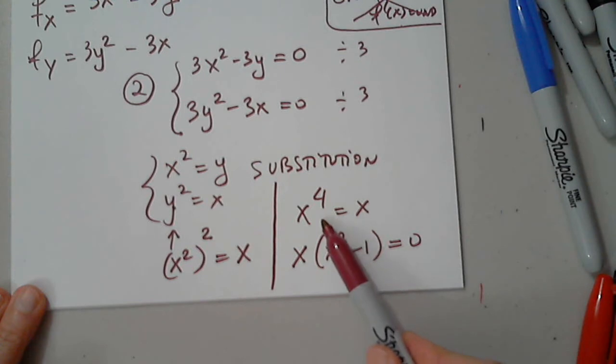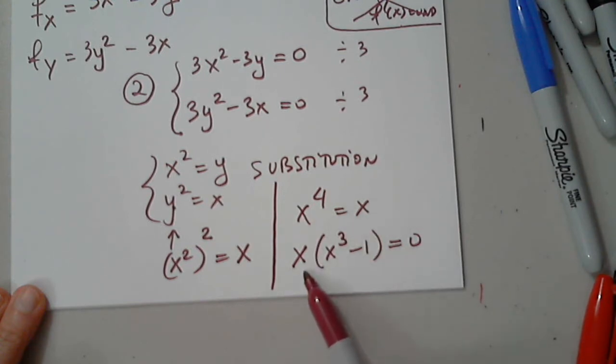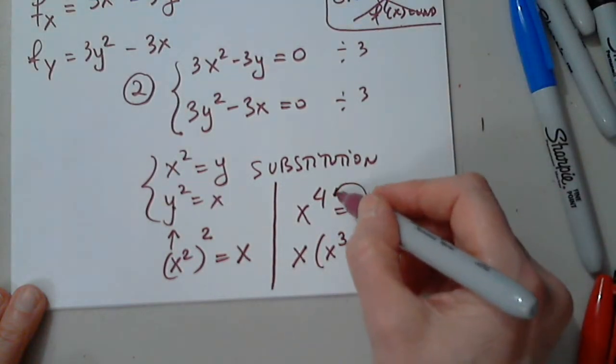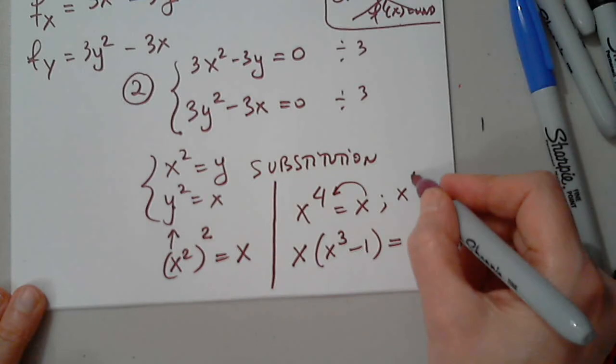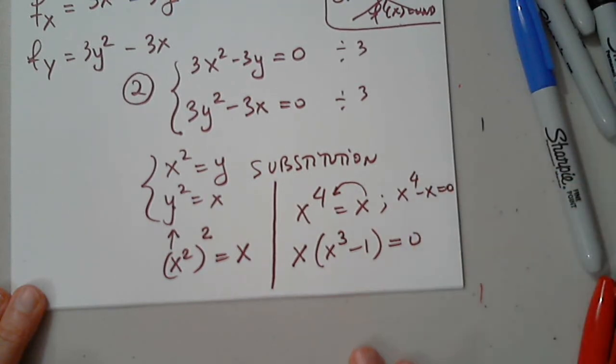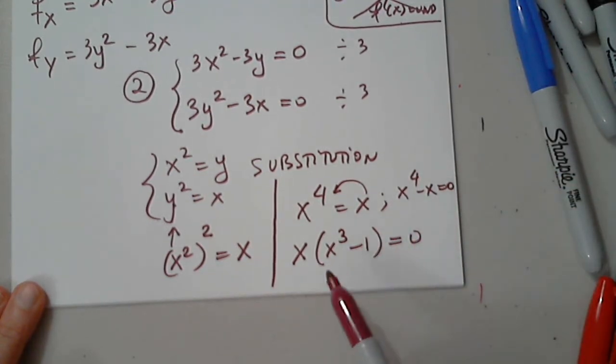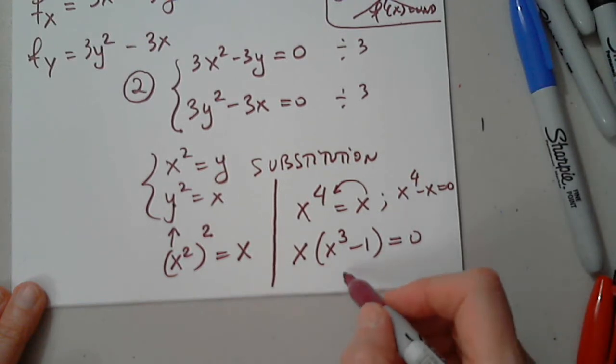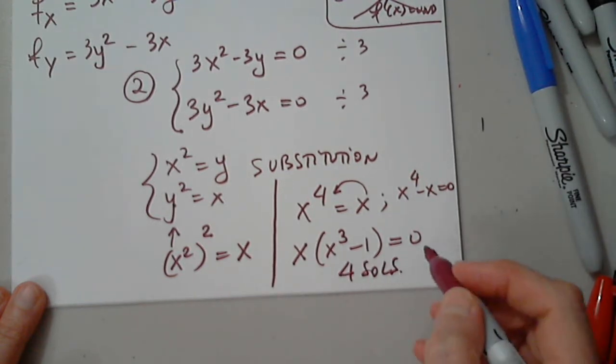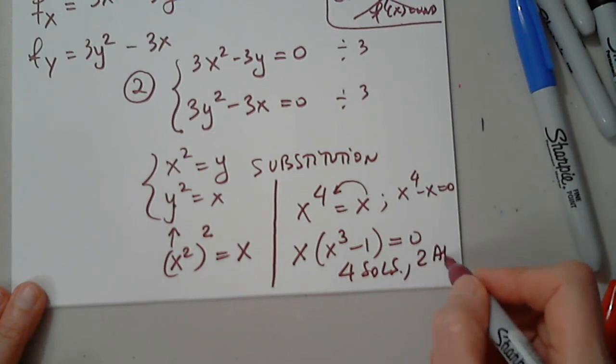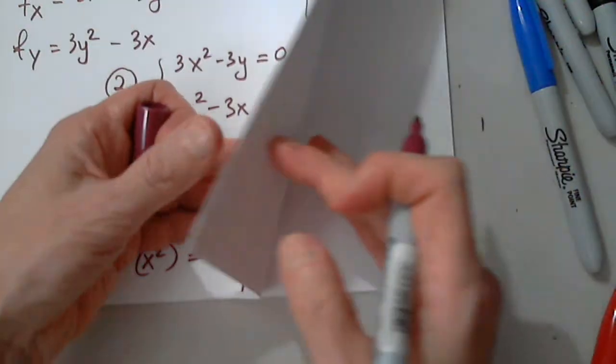When I move x to the other side, I see that x is a common factor. X times x cubed is x to the fourth, and x times negative 1 would be negative x. Let me write it here so you can see it. And then I factor out x, and I have x cubed minus 1. This equation, although it has 4 solutions, only 2 are real numbers.